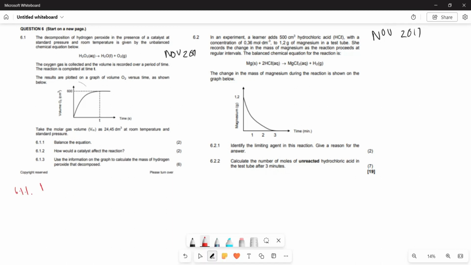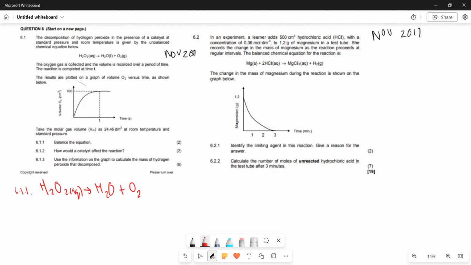You have H2O2, which is an aqueous solution, which produces H2O plus O2. The easiest thing to do in order to balance this is to look at your reactants versus your products. Now, within your reactant, what is it that you have?